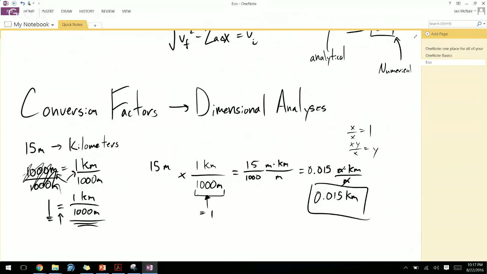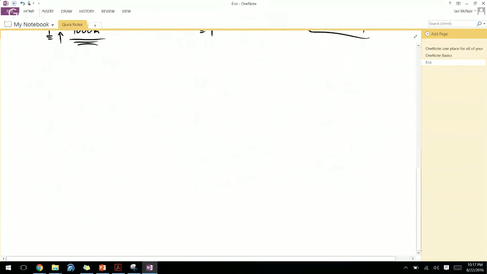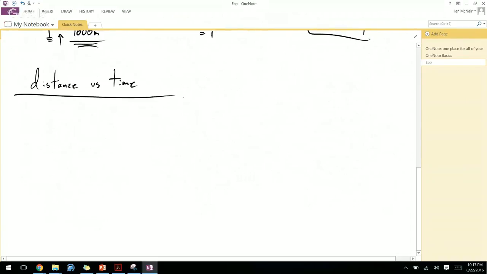The last thing I want to talk about is graphing, and this is going to probably be the longest portion of this. I just want to go through how you make a good graph. So let's make a data table. Let's say we have a distance and really quickly, I'll just put some values in.